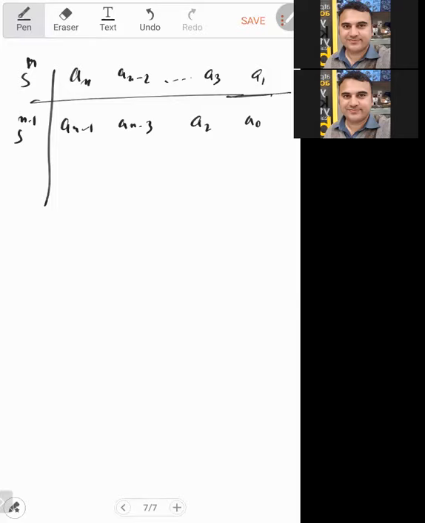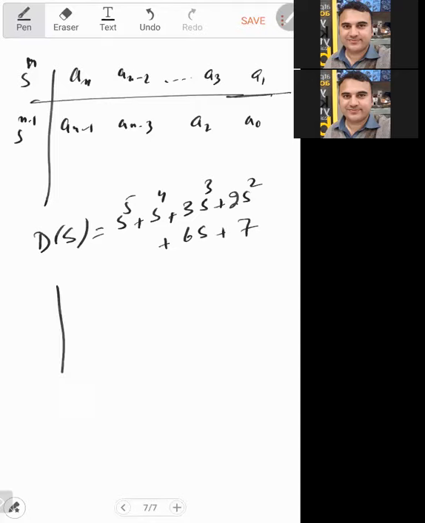Suppose let's say that we have the denominator polynomial equal to s^5 + s^4 + 3s^3 + 2s^2 + 6s + 7. If we have this, we can easily transform this information into the initial table.